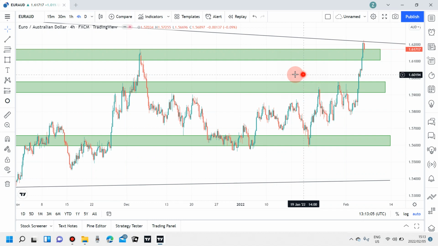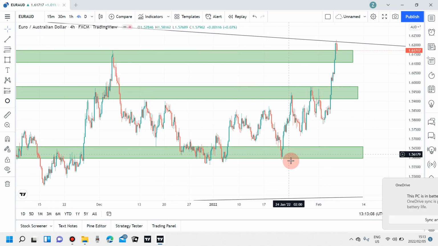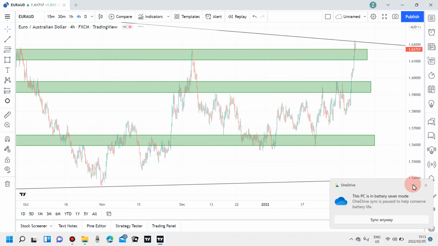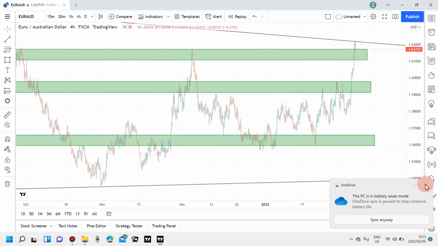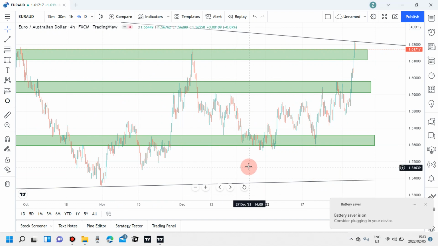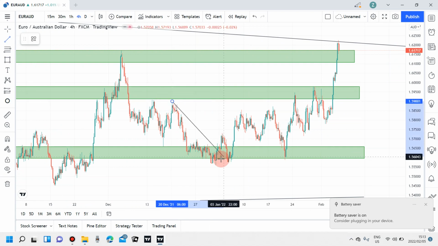And on the 4-hour time frame, we use it to identify chart patterns. Basically it's a trends-in-trends thing.